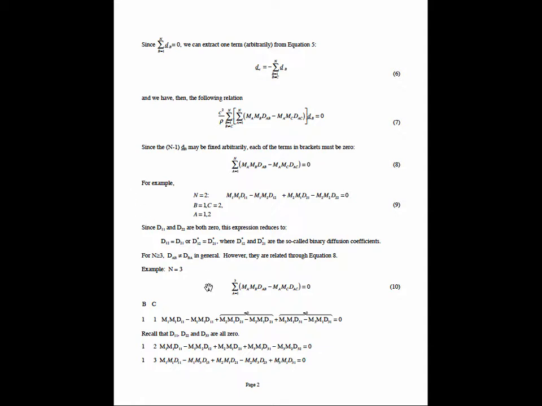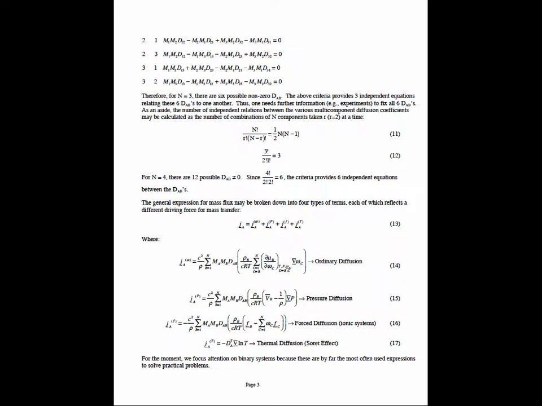When the situation goes to just a three-component mixture, you can start to write out these expressions for each of the terms in this equation, and it turns out that there are 6 possible non-zero multi-component diffusion coefficients. So in a binary system, you have only one diffusion coefficient that enters this expression for flux.